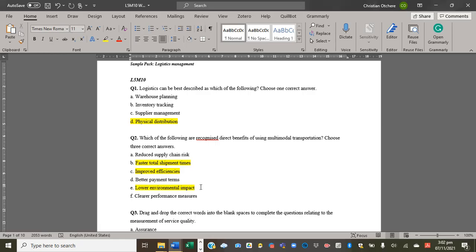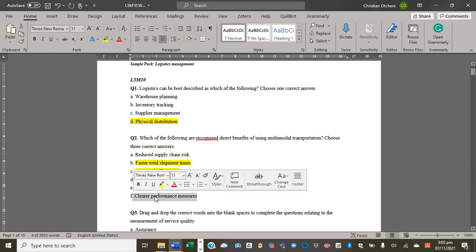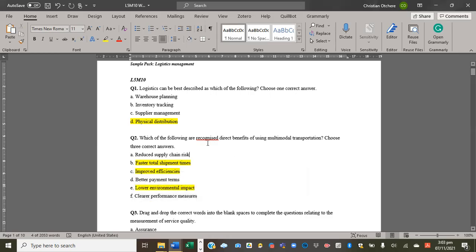Now the rest, clearer performance measures. The benefits are usually more of output, what you get by using multimodal transportation. But the clearer performance measures come before. They could be part of the contract. You mentioned service level agreements and all that; they are part of the contract. We agree on them.